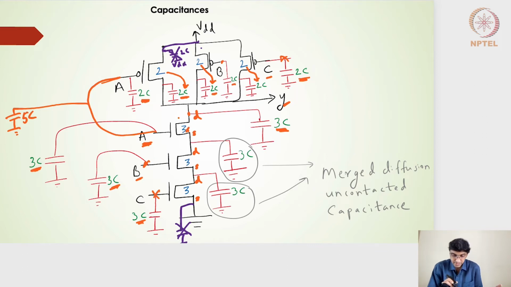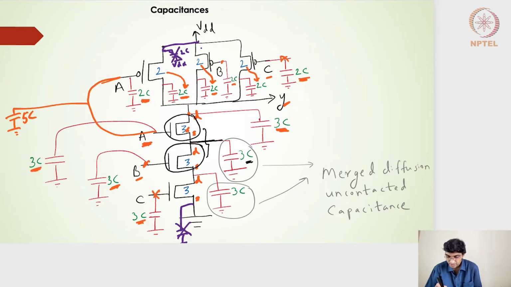Right? So in this particular node, which is basically a merged diffusion node coming from the transistors A and B, instead of 3C, I was expecting around 6C capacitance, because one 3C is from the source-to-body capacitance of transistor A, and another is the drain-to-body capacitance of transistor B. But I have stated here 3C capacitance.